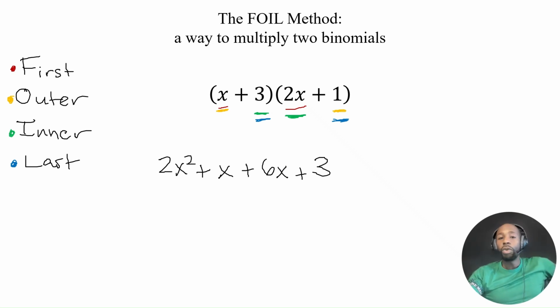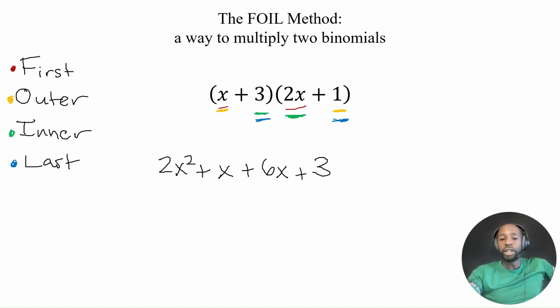Okay? Now what we want to do is we want to see if there are any like terms. In other words, are there any terms? So we got 4 terms in here now. Are there any terms that can be combined because they're like terms, meaning that they share the same variable to the same power? Okay, so we have x squared. There are no other x squareds here.